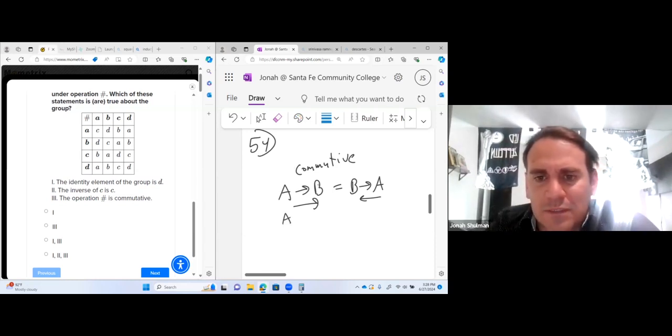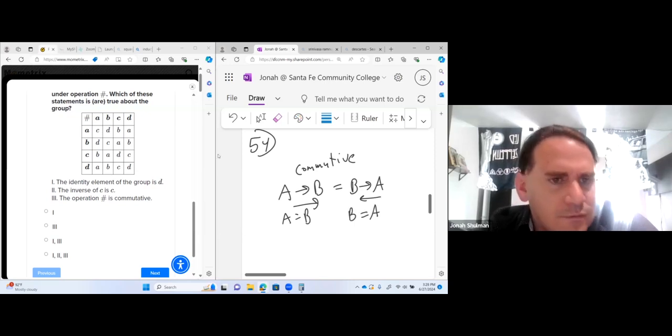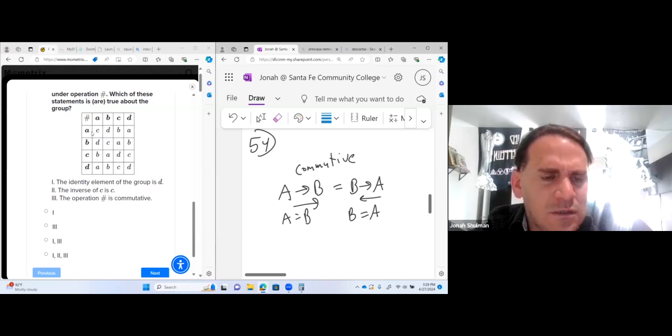It basically means if A equals B, then B equals A. If A equals C, then does C if A times A is C, then A times A is C.